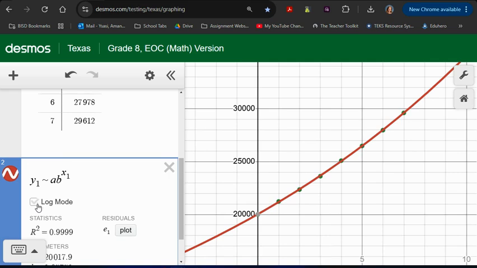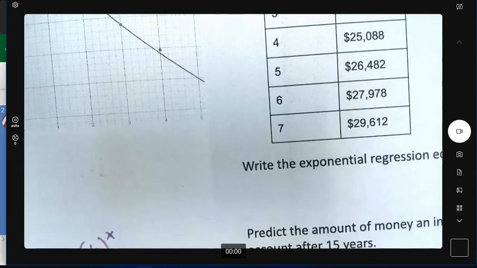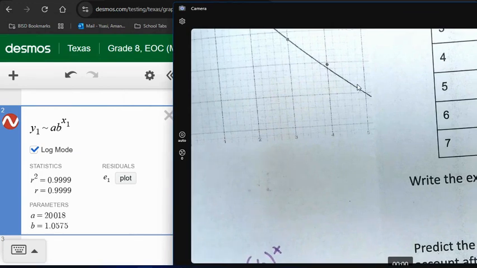Oh, don't forget to click log mode. That's going to change the equation. Did you click log mode? Okay, good. I almost forgot. All right, so we're going to write our equation now.